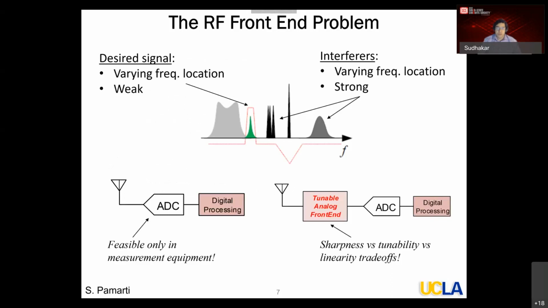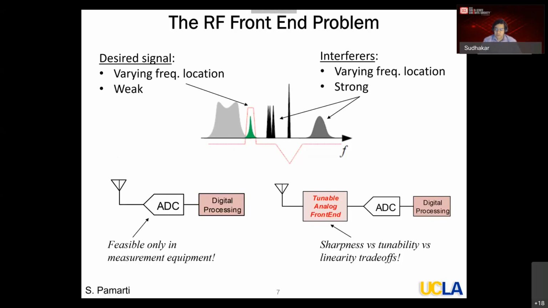Okay, so what is the RF front end problem? For those of you working in circuits, this is probably obvious and apparent, but still for those of you who are new, the main issue is that in the RF front end, you want to extract a very weak desired signal shown by this green curve, green part of this power spectrum, PSD sketch here.